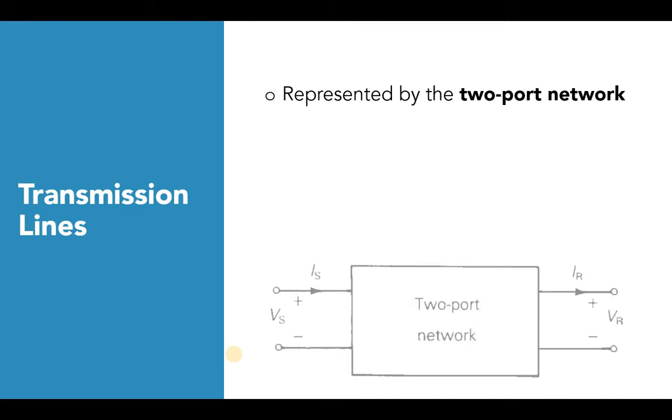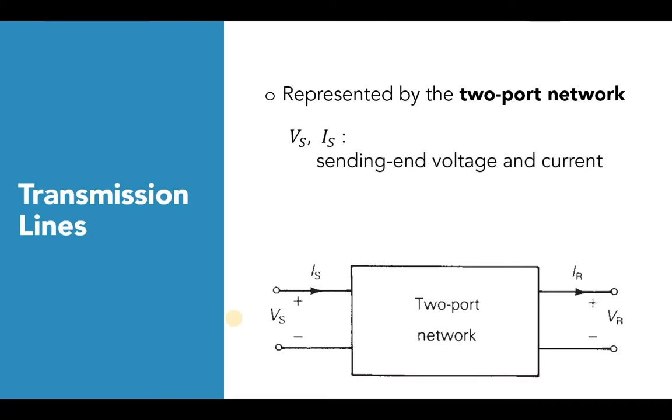So let us start with transmission lines. Transmission lines are represented by the two-port network, as shown here. Your Vs and Is are the sending end voltage and current, and your VR and IR on the other side are the receiving end voltage and current respectively.